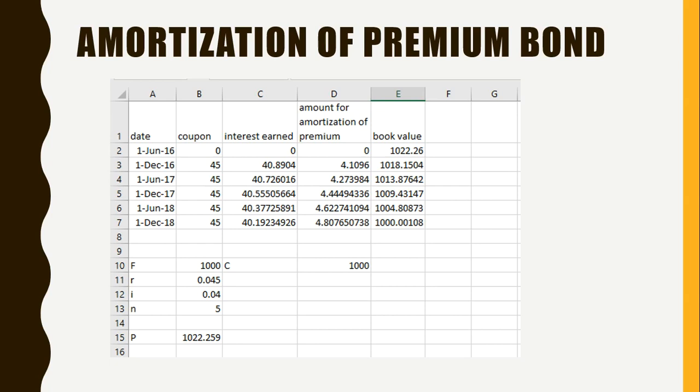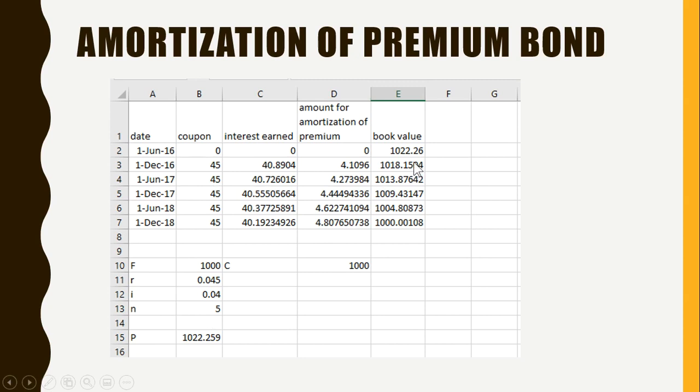We know that this is a 2.5-year maturity bond and the coupon rate is 9% paid semi-annually, so the coupon rate will be 0.45%. And the desired yield is 8%, so i is 4% because it is semi-annual.